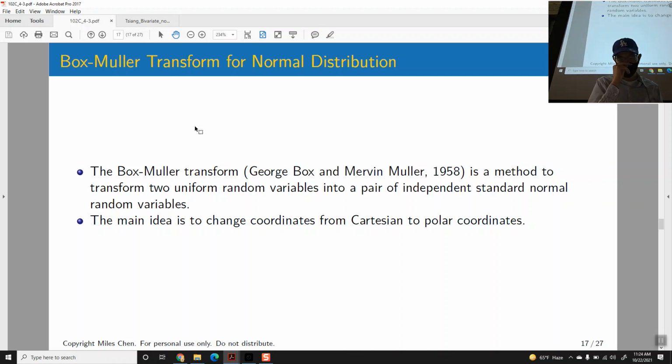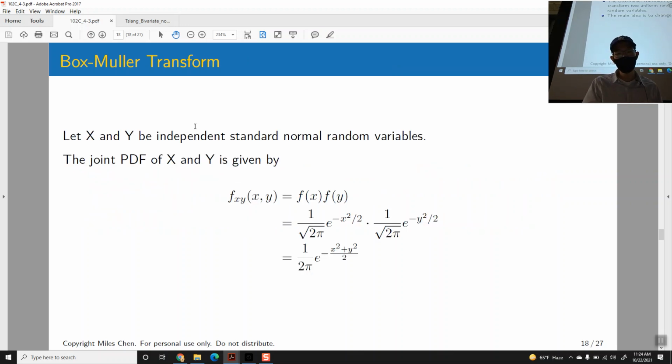The idea here is we are going to convert from Cartesian x, y coordinates into polar coordinates, radius and angle. And again, the x and y that we're going to generate are standard normal random variables, and we're going to treat them as independent.